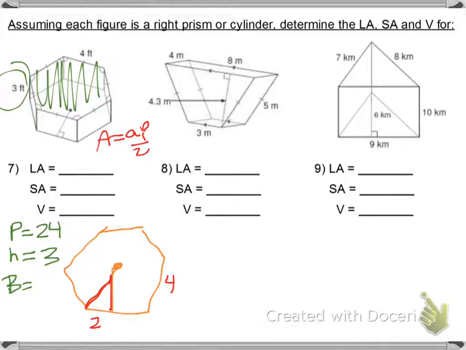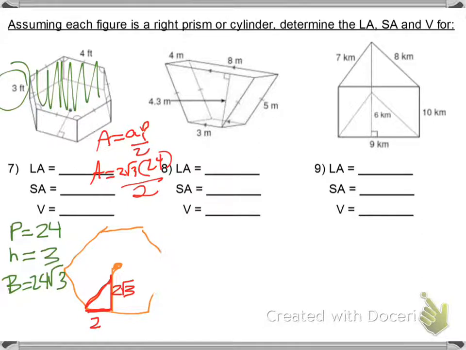Thinking back to last unit, this is a 30, 60, 90 triangle here, and where the 2 is, that's your short leg, which means our long leg, where our apothem is, would be 2 square root of 3. So I could come back up here to the area formula and say that A is 2 root 3 times the perimeter, which is 24 over 2. Those 2's cancel, so your area of your base would be 24 square root of 3. And now that would be really easy to go back and plug in for all the different things.